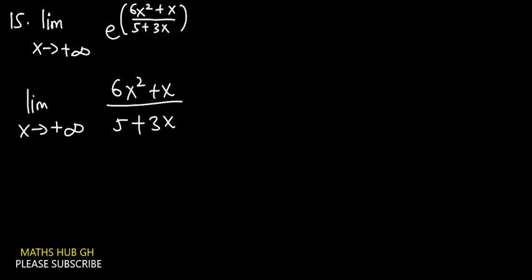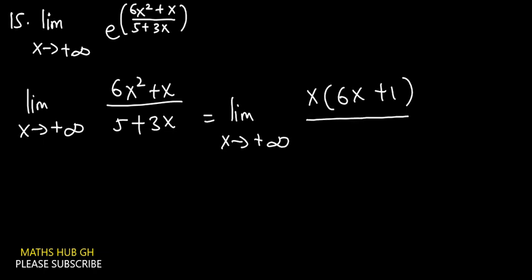Now we are going to factor out the highest power of x from the denominator. The highest power of x in the denominator is just x, so we factor x out from both the numerator and the denominator. We are going to have the limit as x approaches positive infinity of x into bracket 6x plus 1, divided by x into bracket 5 over x plus 3.